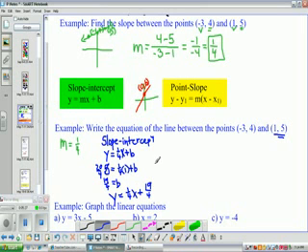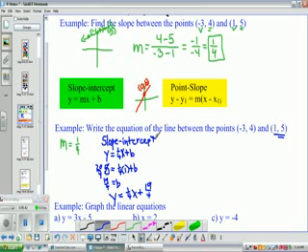Now you can check that by substituting in the other ordered pair. So if I plug in negative 3 for x, I get negative 3 fourths plus 19 fourths, 16 fourths, which is 4, so I get negative 3, 4.